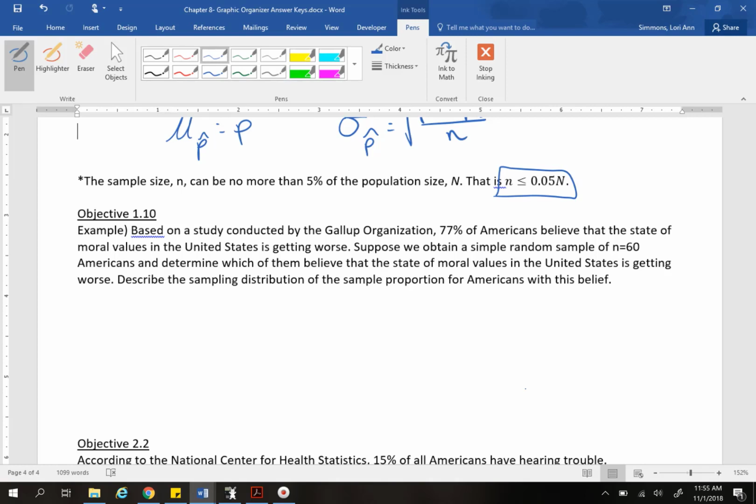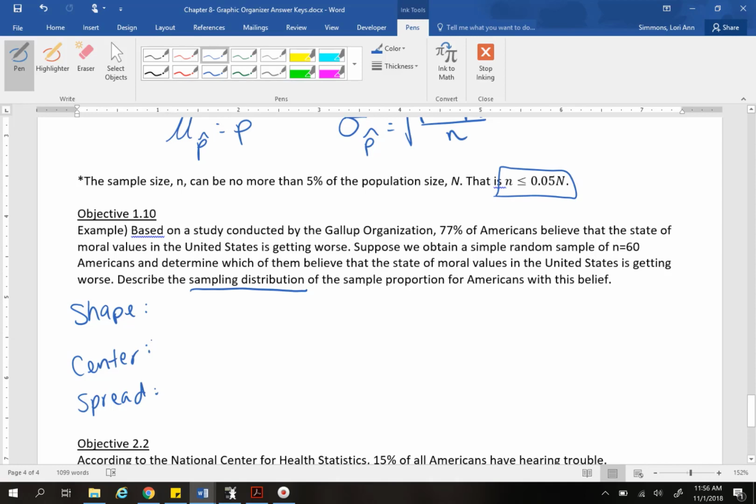Describe the sampling distribution of the sample proportion for Americans with this belief. When you see describe the sampling distribution, you should think of the shape, center, and spread. Those are the three things you need to describe a sampling distribution.